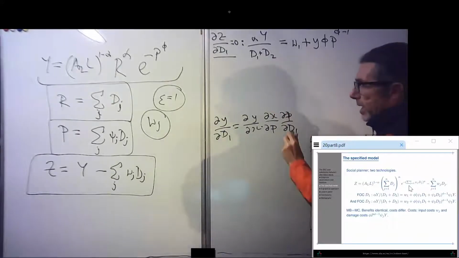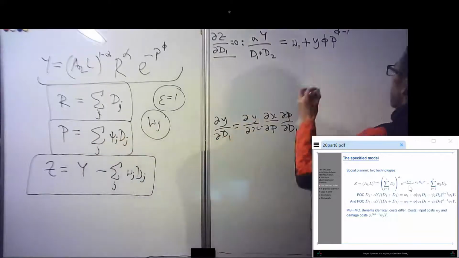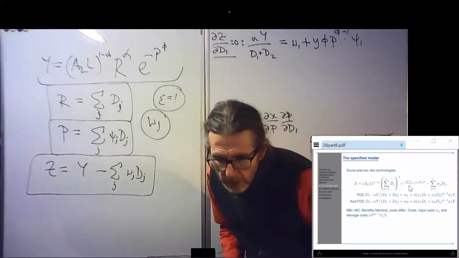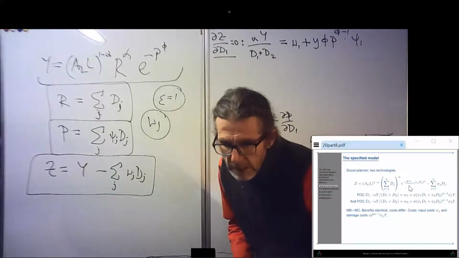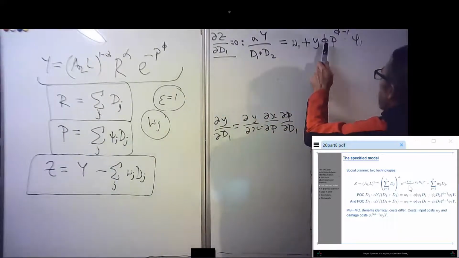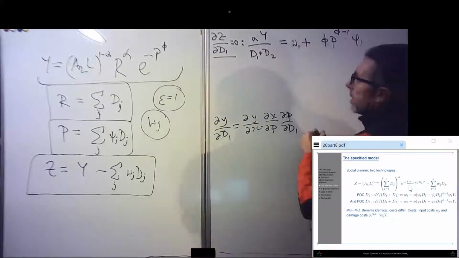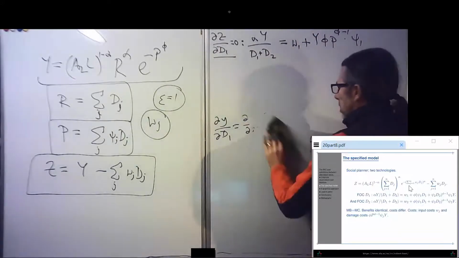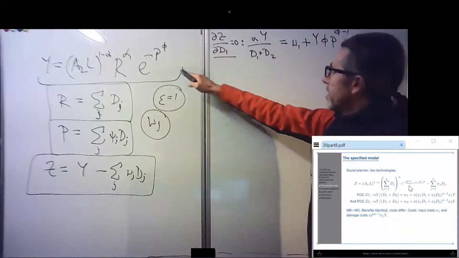And what's dp by dd1? It's psi1, isn't it? So we end up with a psi1 there as well. Now it should be looking the same: phi psi1 Y times p to the phi minus 1, and that should be capital Y. Okay. So that's how you differentiate e to the minus p to the phi.